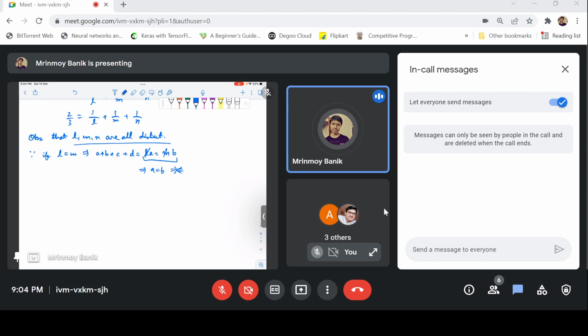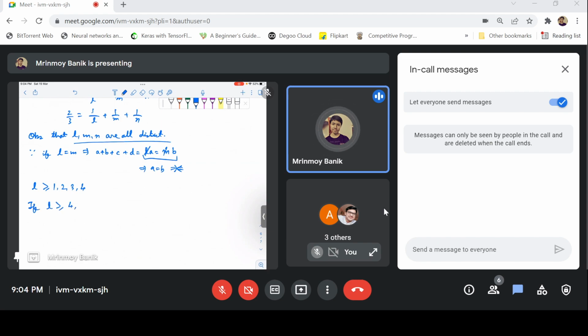So now L, M and N are all distinct positive integers, all greater than or equal to 1. So what are the possible values of L? L can be greater than or equal to 1, 2, 3 or 4. If L is greater than or equal to 4, M is greater than or equal to 5, we're assuming L to be the smallest of them.